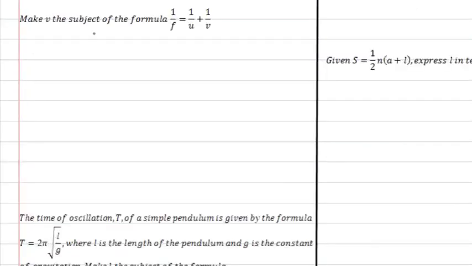So looking at this one, we want to make v the subject of the formula. Here we have 1 over f equal to 1 over u plus 1 over v. So let's find the LCM.